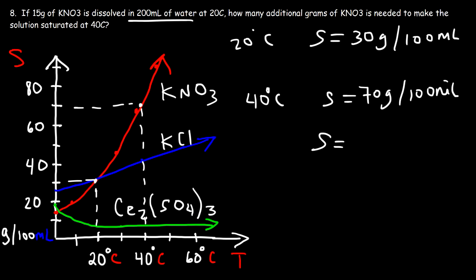So if we double the volume of water, the mass of solute that we can dissolve at that temperature should double. So if we could dissolve 70 grams of solute in 100 milliliters of water, then we could dissolve 140 grams of solute in 200 milliliters of water. If you double the volume, you could double the mass of solute that can be dissolved at that temperature.